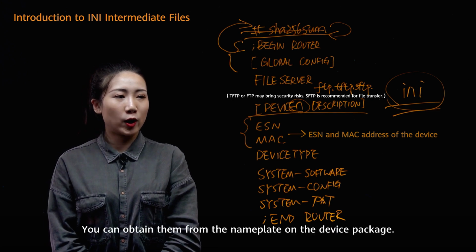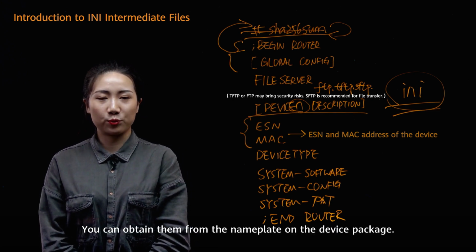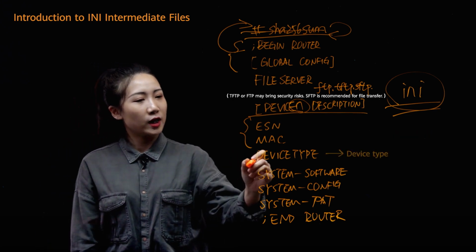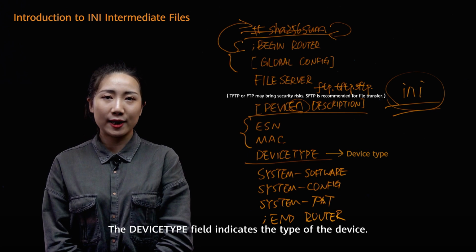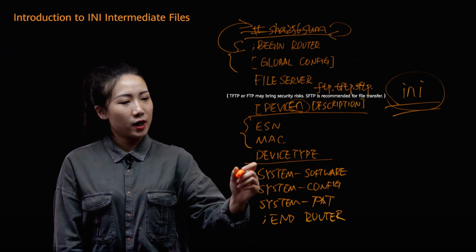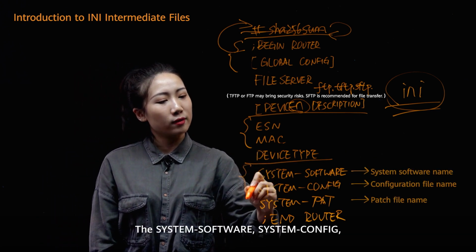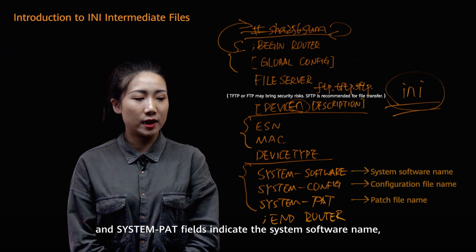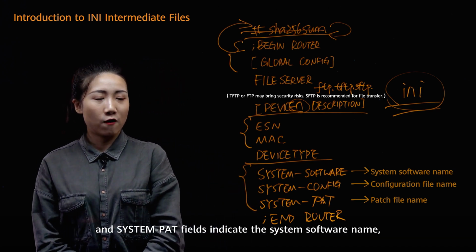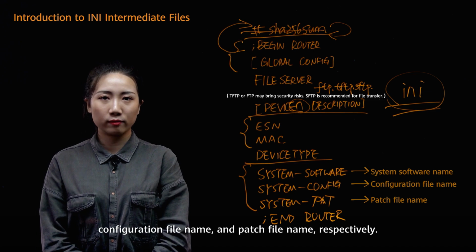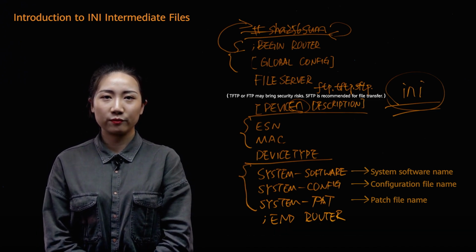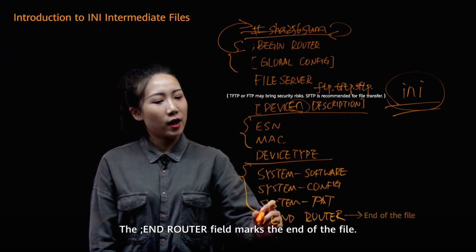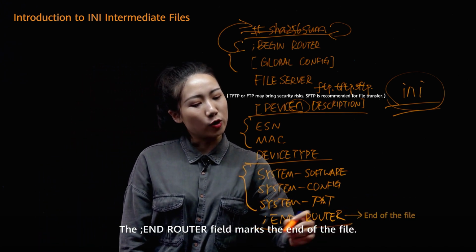You can obtain them from the nameplate on the device package. The device type field indicates the type of the device. The system software, system config, and system pat fields indicate the system software name, configuration file name, and patch file name respectively. The end router field marks the end of the file.